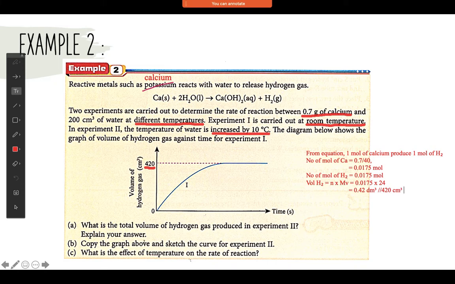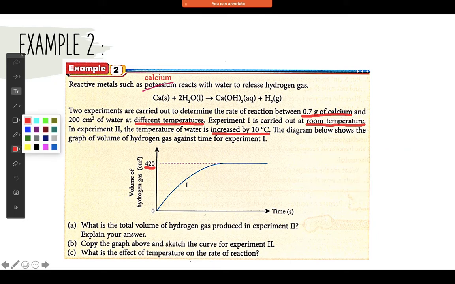Cuma copy the graph above and sketch the curve for experiment 2. Untuk experiment 2, since apa yang beza dengan experiment 1, dia adalah yang ni pada room temperature, yang satu lagi slightly higher. Room temperature 30, dia mesti dalam 40 degree Celsius.